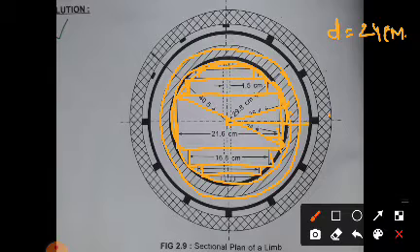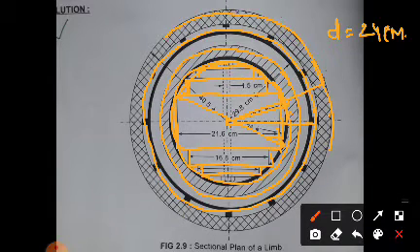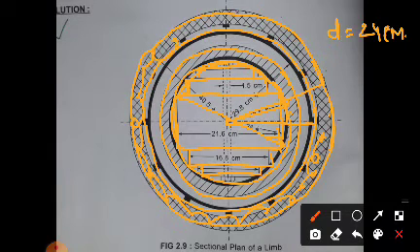The external diameter is 39.5, so you draw one circle. Now the outer diameter of the coil is also given, 40.5 centimeters, so you draw another circle. So you get this HT winding.